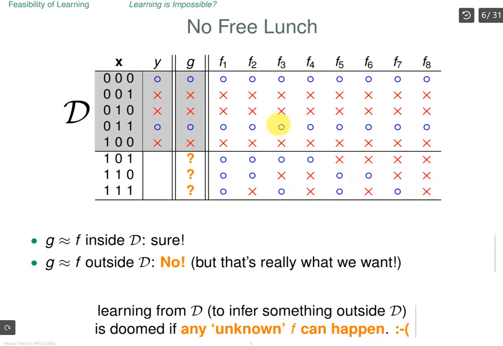And there is no way to prove that if G is F2, then it is the true target function and not F5. Therefore, we need some assumptions in machine learning to answer the question of the following form: does G approximate F outside the dataset?